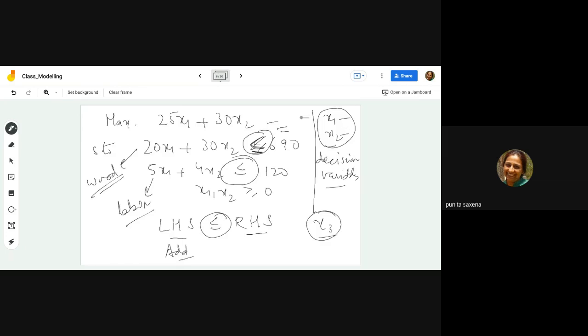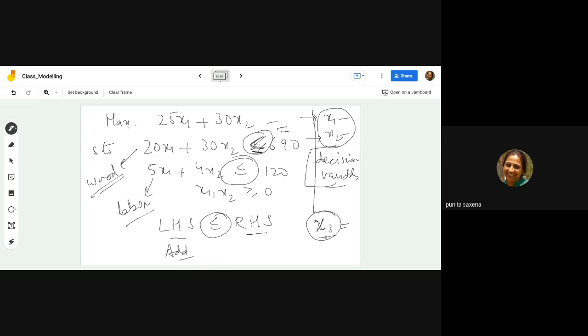Say, suppose x1 was the number of tables that should be produced and x2 was the number of chairs that should be produced by that carpenter. So they belong to some physical quantity. That's why we are calling them decision variables. But now what I am doing is incorporating another variable x3.